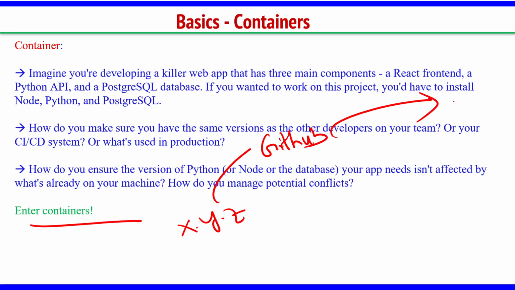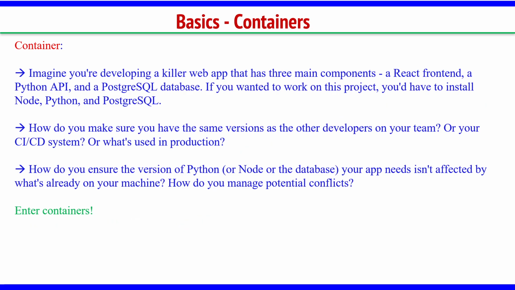The version there might be X, Y and Y, which are not compatible. So, there is a problem of dependencies, the version of the software in different machines. That is what we are saying: the same version as the other developers or our CI/CD system has. So, for that reason we use the concept called container.